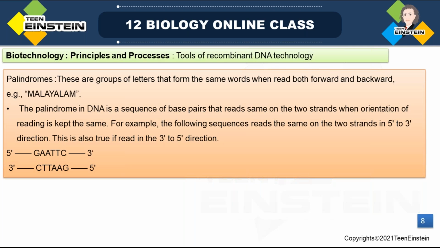When we read in the forward or backward direction, that group gives the same word. That is called a palindrome. In the case of this sequence, reading from 5' to 3' or 3' to 5', it gives the same. That is called a palindromic sequence.